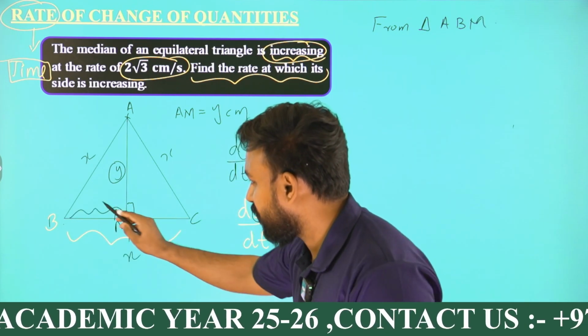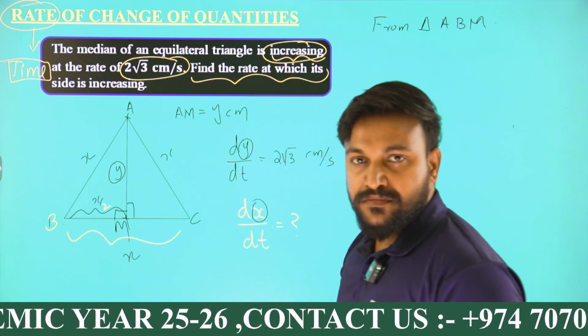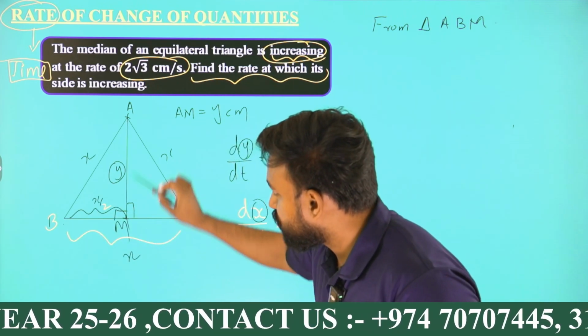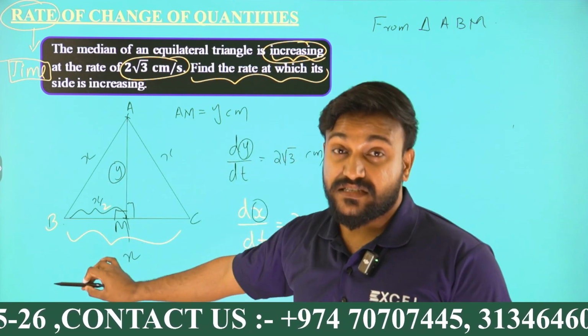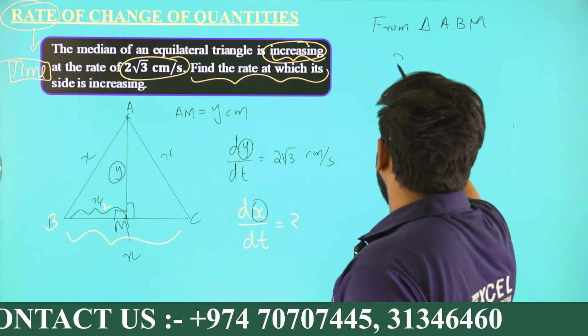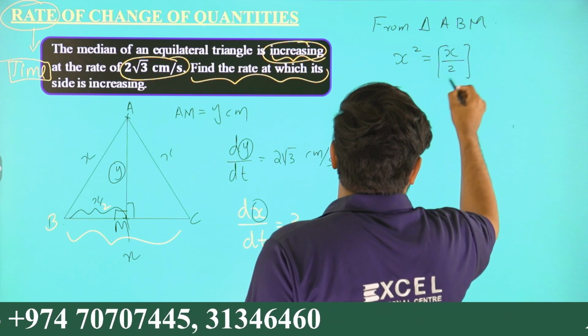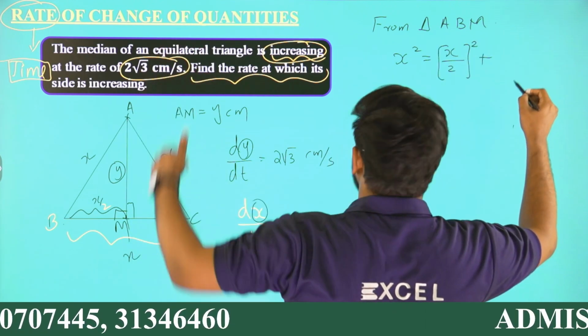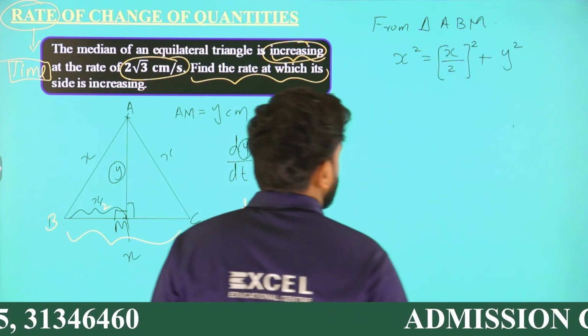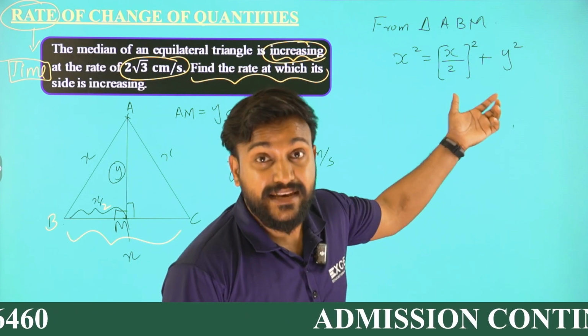BM is x by 2, half of it. BM is x by 2, AM is y, and AB is x. You know Pythagoras theorem. It will be x square equals x by 2 the whole square plus altitude square, that's y square. So now we got an equation that relates y and x.